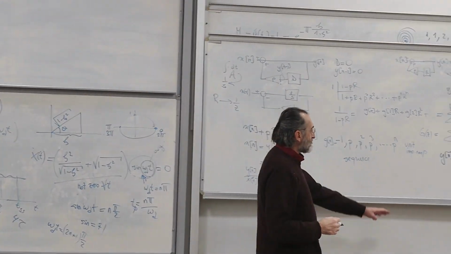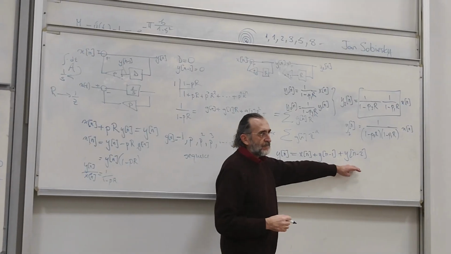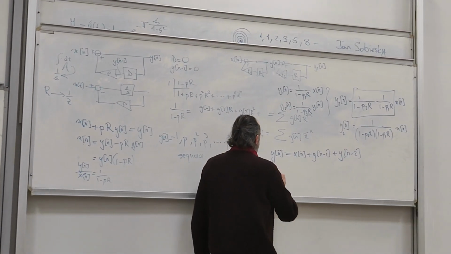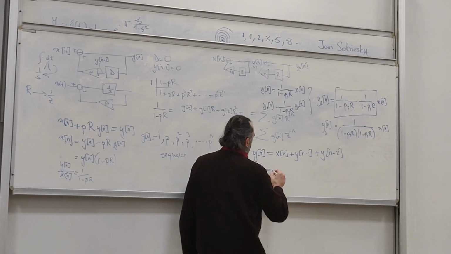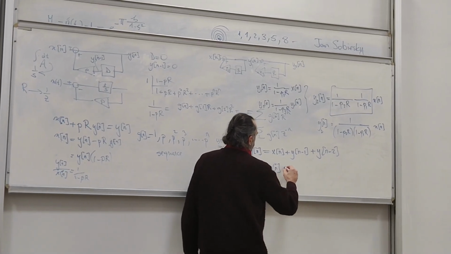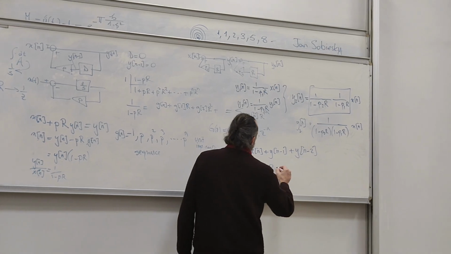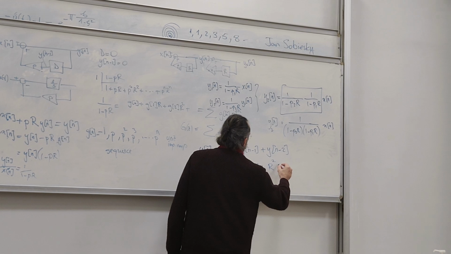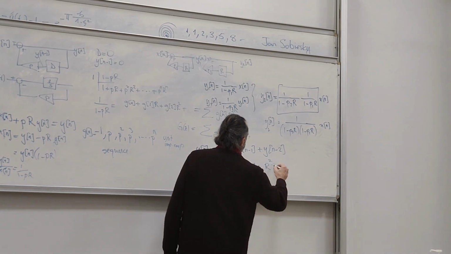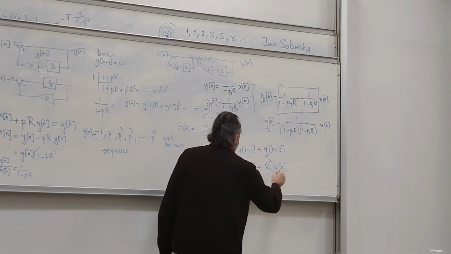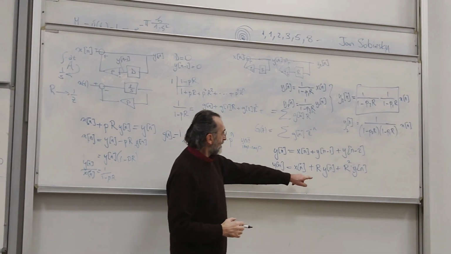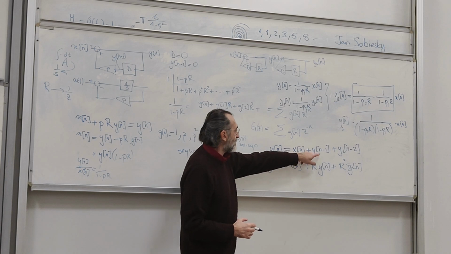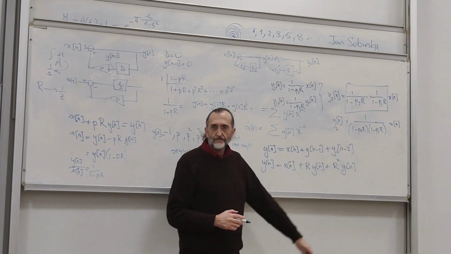And then you do it in the R form. Y of n equals x of n plus R operating on y of n and R squared operating on y of n. Because one R operating on y of n gives you this, another R operating on this gives you that. Right?